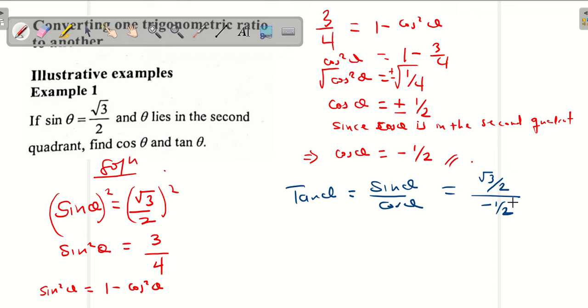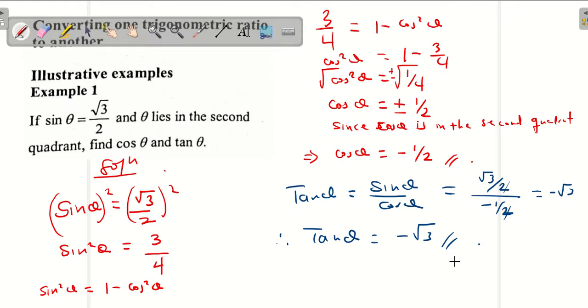When you solve this, the denominators cancel, and we are left with root 3 over negative 1, which is negative root 3. Therefore, tan theta is negative root 3. And that is the answer.